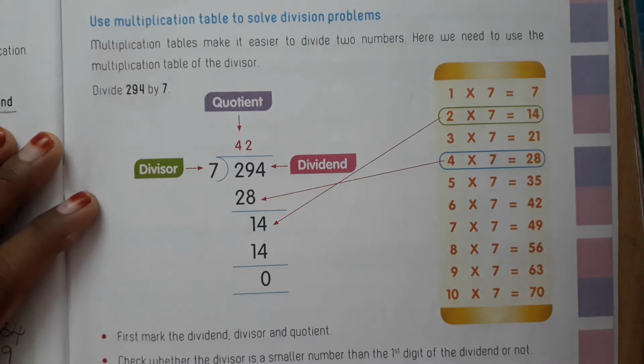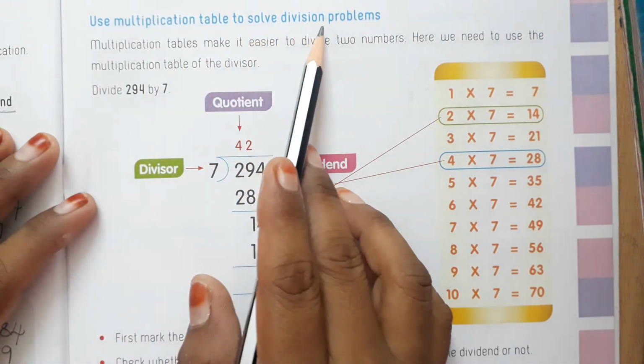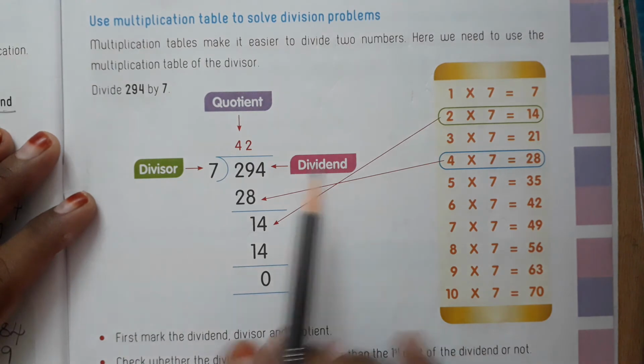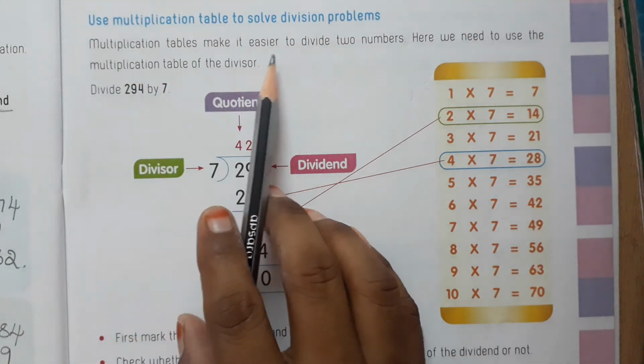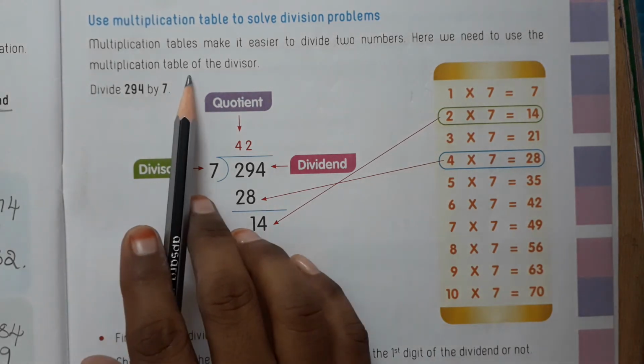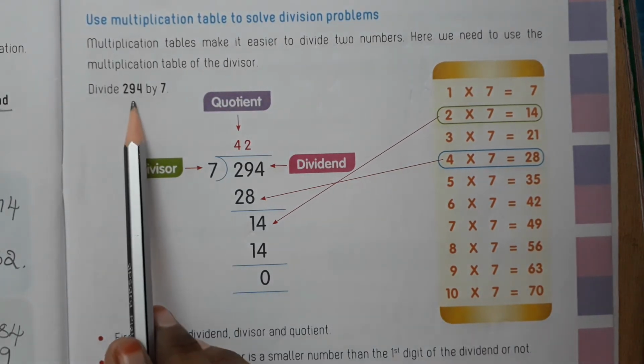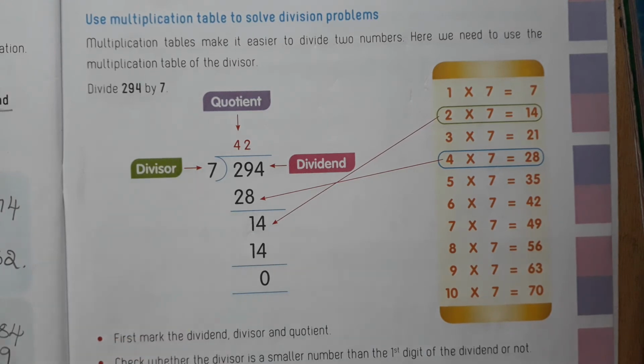Come to the next page, children. Use multiplication table to solve division problems. Multiplication table makes it easier to divide two numbers. Here we need to use the multiplication table of the divisor. So here divide 294 by 7.